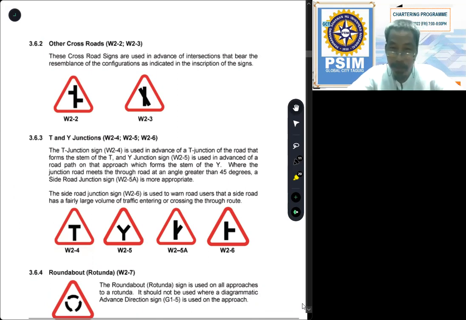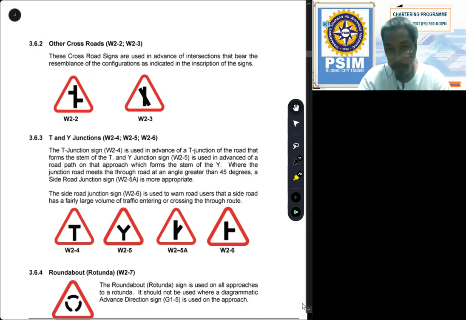It is nearly a crossing in W2-2, and it's a different type of crossing in W2-3 because the crossing is not in any way near to a perpendicular shape. Okay, so we need the cross sign if the crossing is somewhere near the shape of a perpendicular.